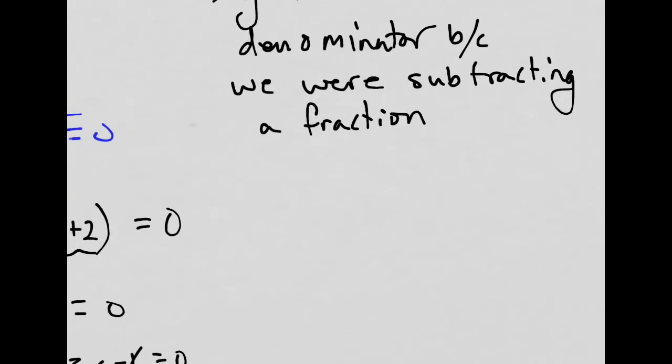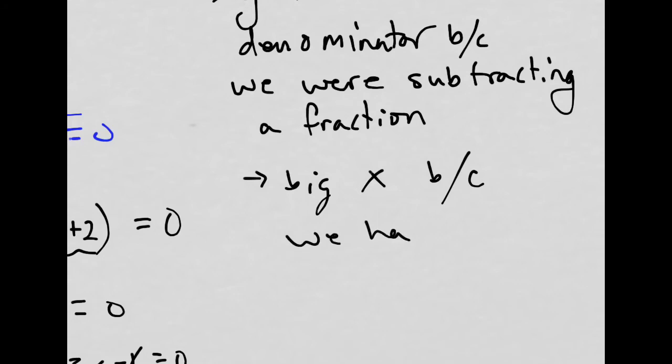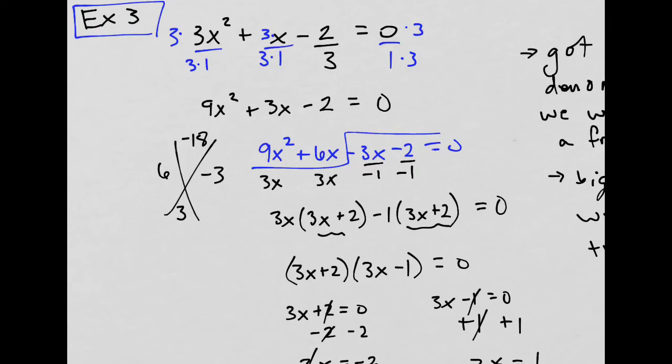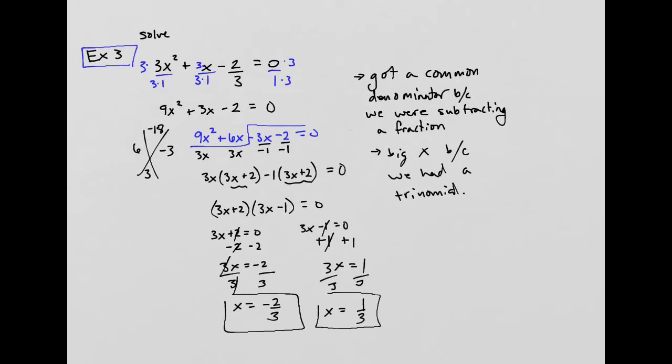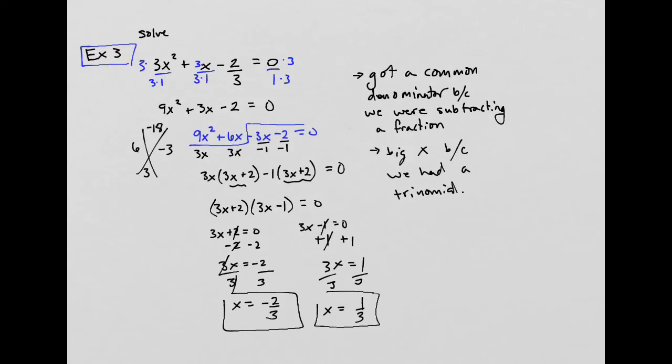And then we did big X because we had a trinomial, and I couldn't divide anything out of it. I couldn't divide by 3 or something because of that minus 2 there. So that's what we have for that problem.